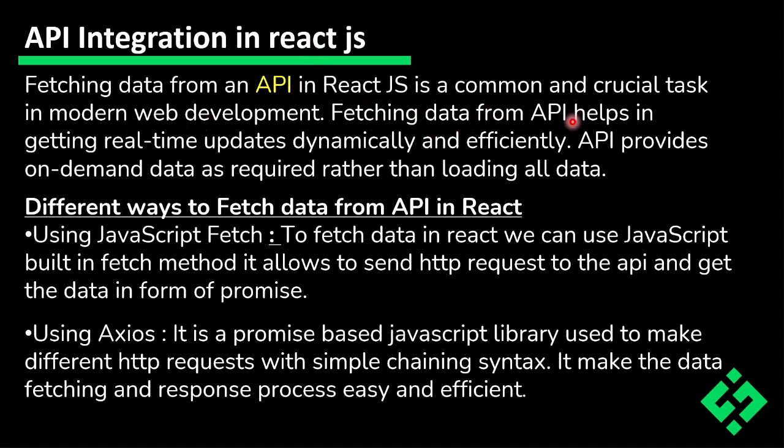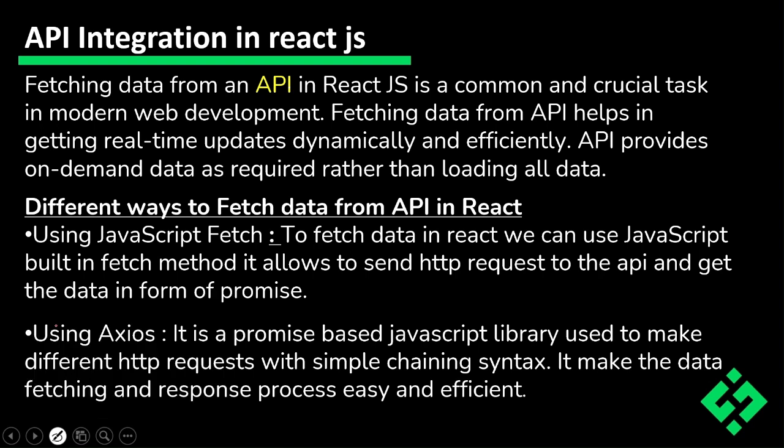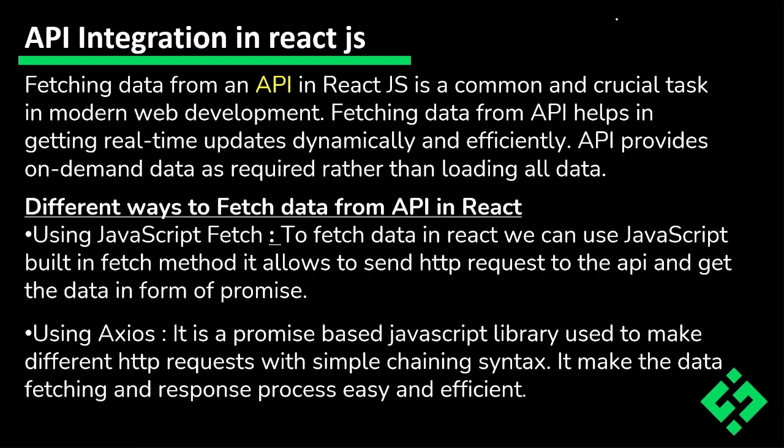This is a common and crucial task in modern web applications. Fetching data from an API helps in getting real-time updates dynamically and efficiently. So we know what it means. Whenever you are in any web application and want some information, a very easy example is Wikipedia.